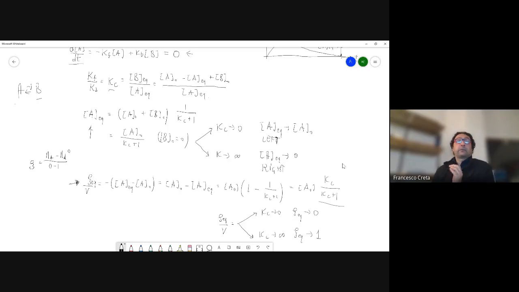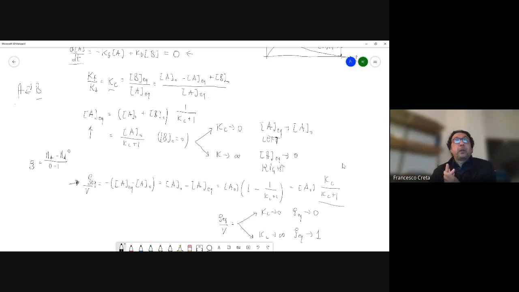And that's for reversible reactions. So we can sort of do all sorts of links between the concepts that we know in chemical equilibrium and now the new concepts of chemical kinetics.